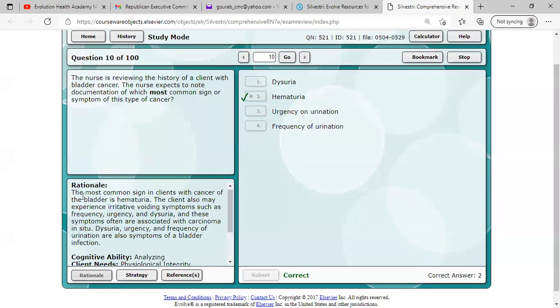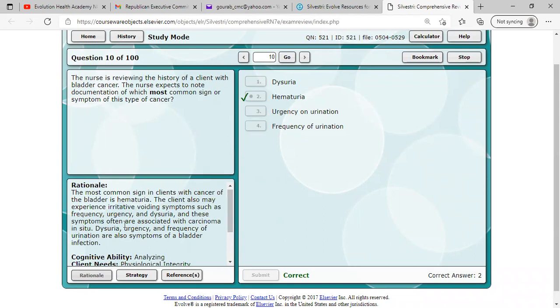Let me read the rationale. The most common sign of the client with cancer of the bladder is hematuria. Hematuria means blood in urine, right? The client also may experience irritable voiding symptoms such as frequency, urgency, and dysuria.